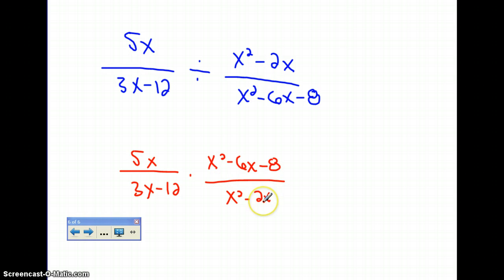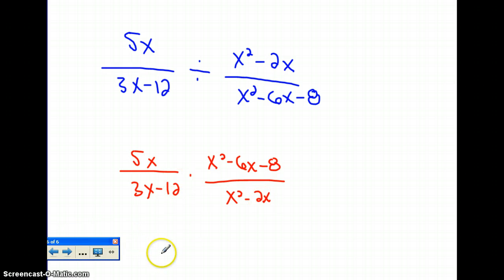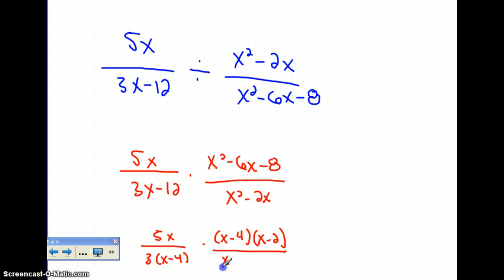So now I can do what I did before, which is factor. So 5x doesn't factor. All right, and then I got 3 times x minus 4 times, now I factor this out, that becomes x minus 4, x minus 2, all over x times x minus 2.